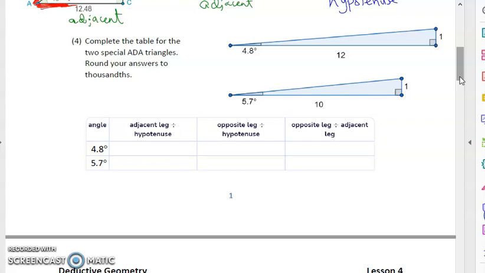So you have to be able to identify the three sides of the right triangle correctly so that when we divide the two numbers, those two numbers represent one of those three trig functions. So problem number 4, you would go ahead and complete the table based on the three division problems.